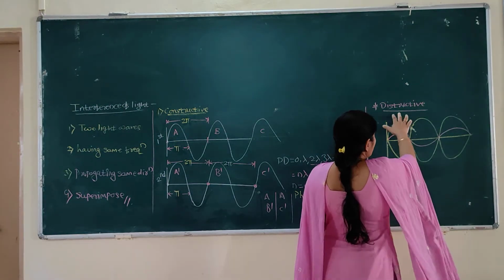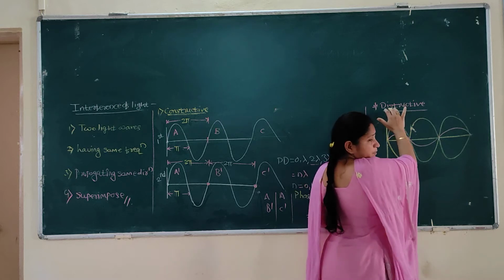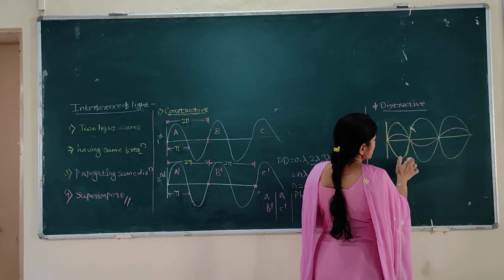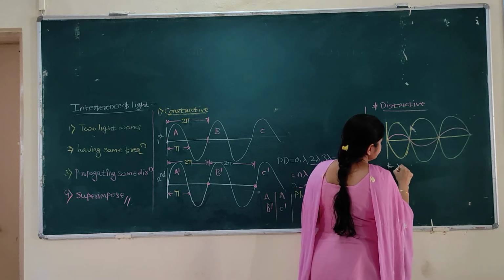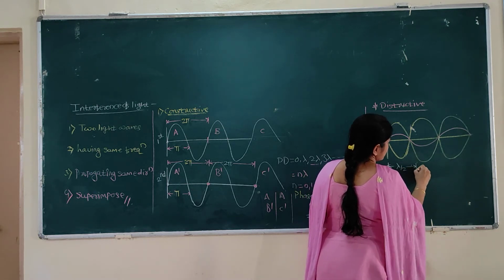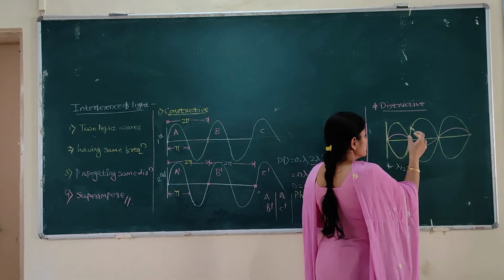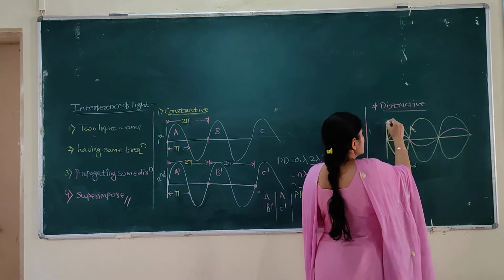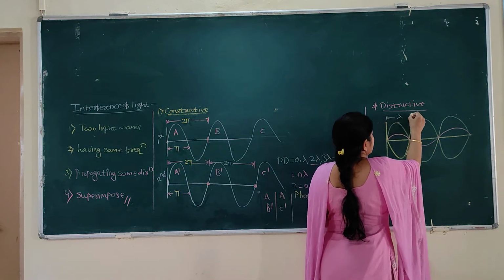Now, path difference for destructive interference between the two waves is lambda by 2. And optical path difference between the two waves is lambda.